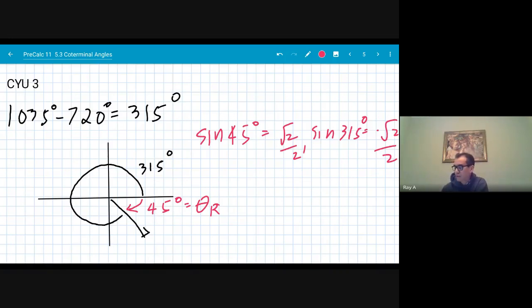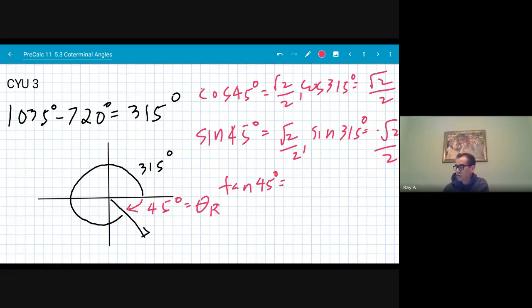Now, cosine of 45 is equal to root 2 over 2. Therefore, cosine of 315 is also root 2 over 2 because cosine in quadrant 4 is positive. Now, tangent of 45 degrees is root 2 over 2 over root 2 over 2, which is just 1.